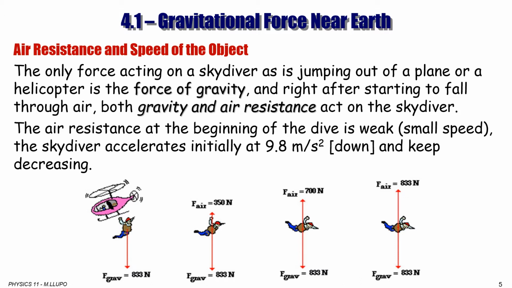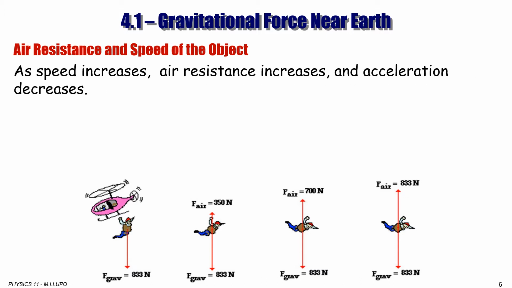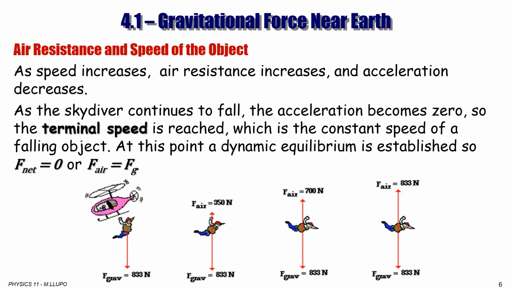The skydiver accelerates initially at 9.8 meters per second squared down, but that acceleration keeps decreasing. As speed increases, the air resistance will increase, while the acceleration will decrease. As a skydiver continues to fall, the acceleration at some point will become zero. So the terminal velocity or terminal speed is reached, which is a constant speed of the falling object.